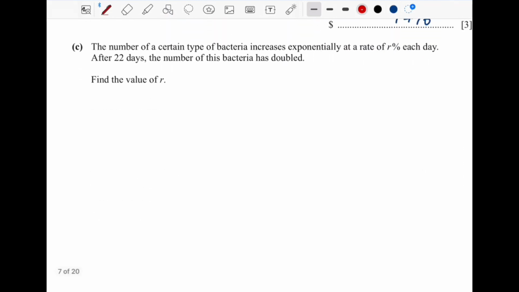Okay, question C. Again, the keyword exponentially. So compound interest formula, increase. Okay, so what do we have? R is the unknown.